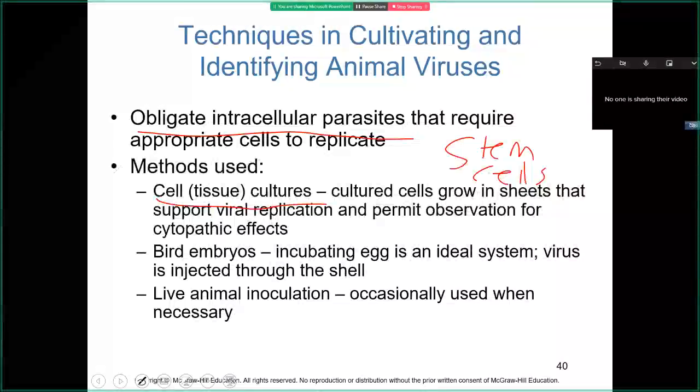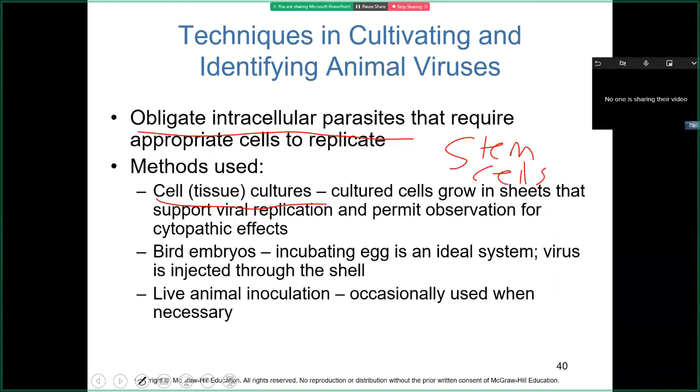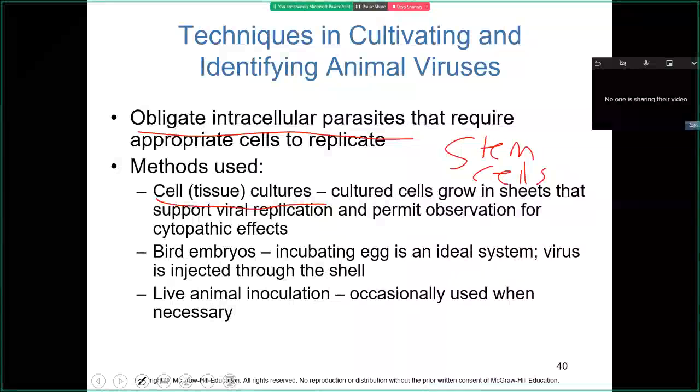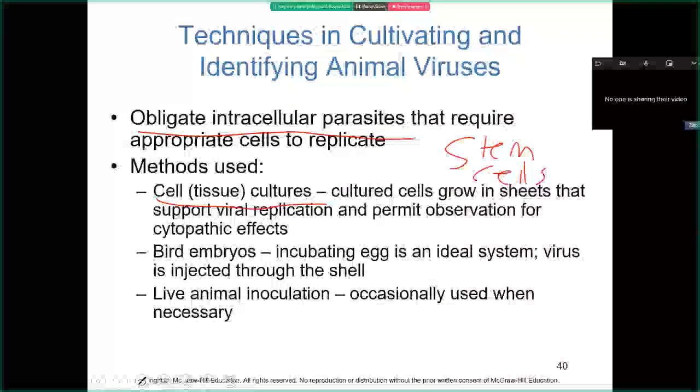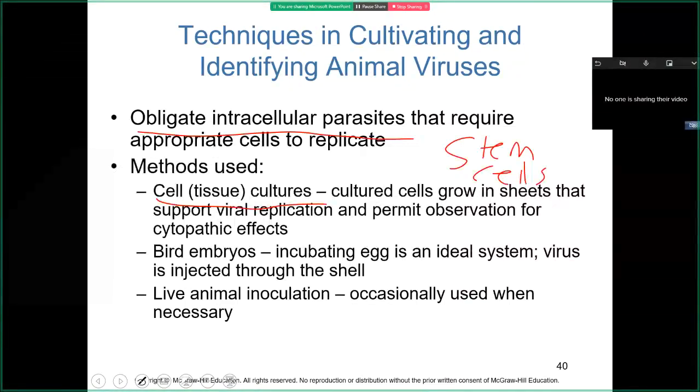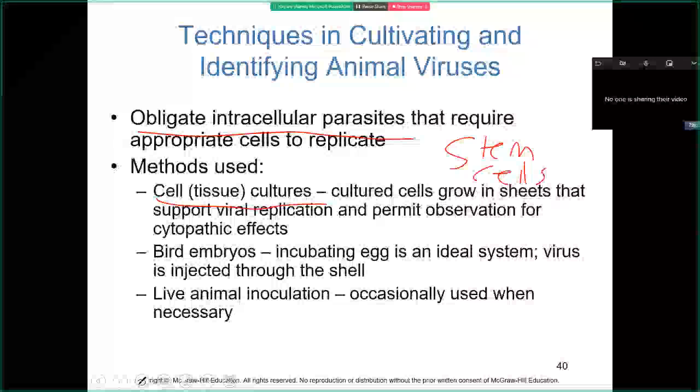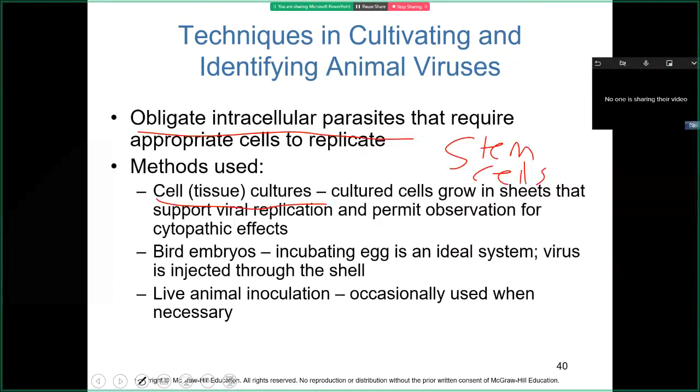You have stem cells in the adult body in the bone marrow. Those cells can be placed in a medium which facilitates their continued division, so they can live outside of the body. They can divide and form large numbers, and you can then infect those cells with virus, right?